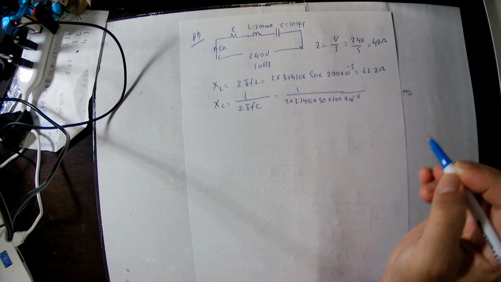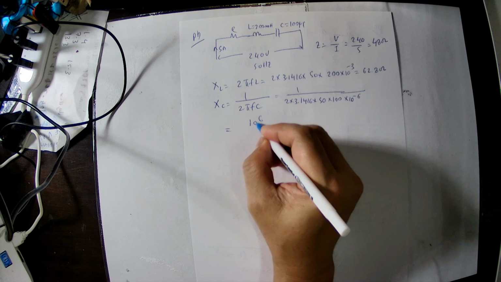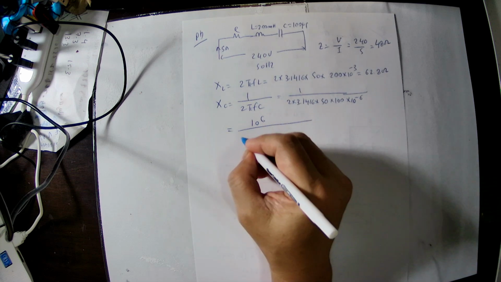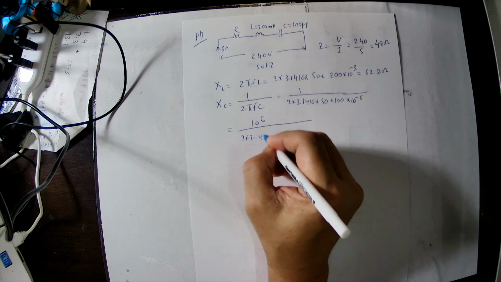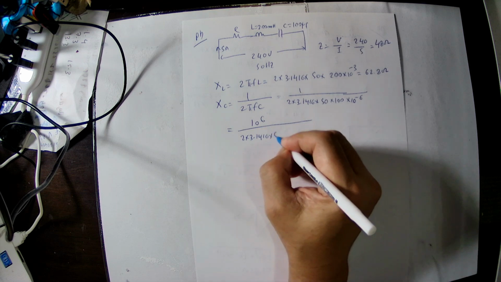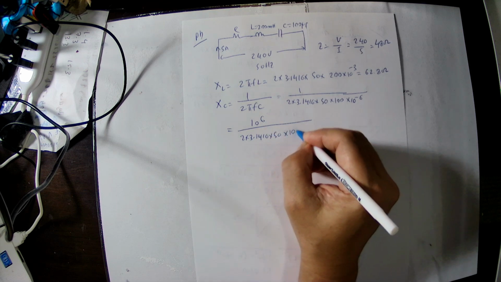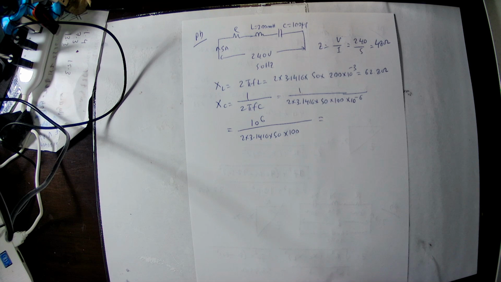So that will be 10 power 6 divided by 2 multiplied 3.1416 multiplied 50 multiplied 100. Then 10 power 6 divided by 314.16 divided by 100. We got 31.8 ohm.